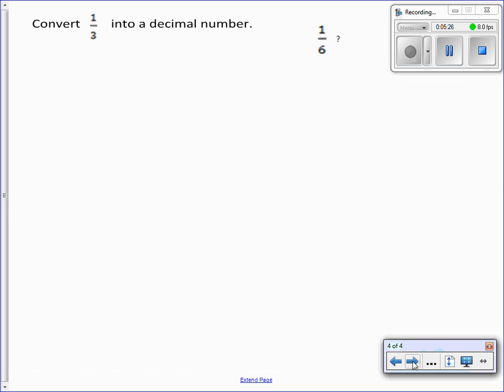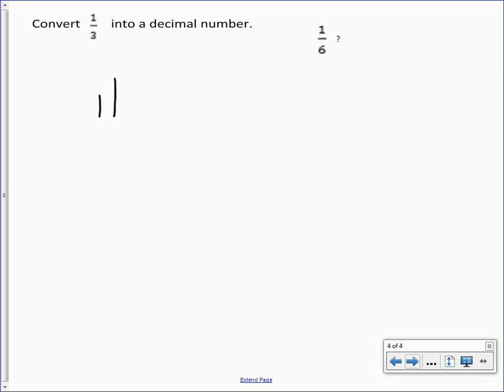Now, let's look at 1/3. Who can convert 1/3 into the division problem that we would need to do? Akash? So you do 1 divided by 3? 1 divided by 3. We should probably just go ahead and add 3 zeros. Pretty much we're going to go out to 3 spaces and we'll either know it's repeating or it stops.